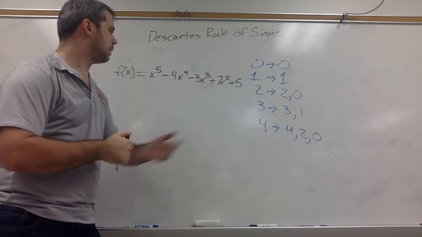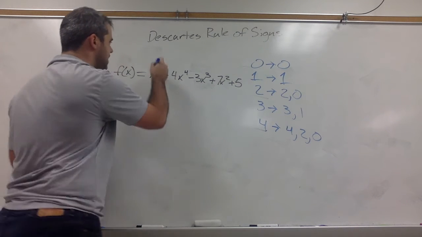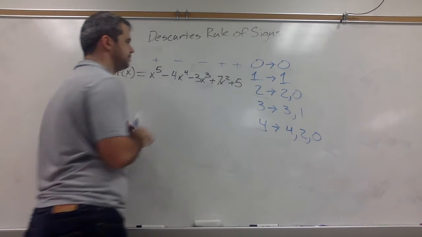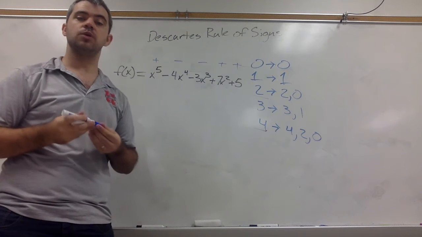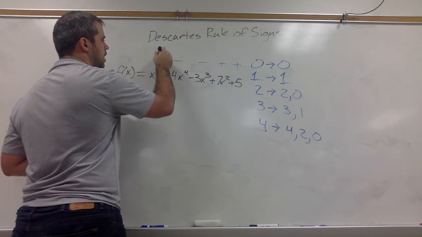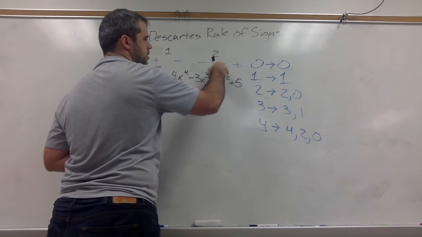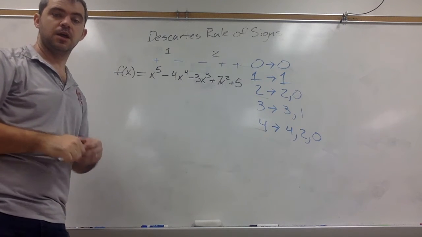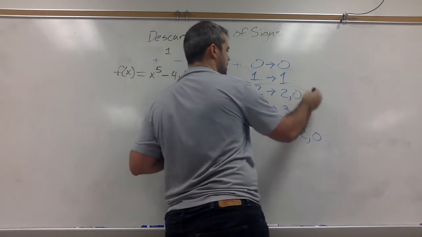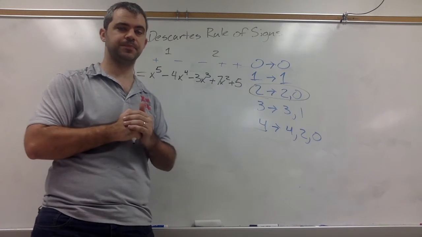You'll notice I don't have the linear term there. So let's see. This guy is positive. This guy's negative, negative, positive, positive. So what we're doing is we're looking for the number of sign changes. One change here, no change. Second change here, no change. So how many positive real zeros are there going to be? Either 2, or remember, we can count down by 2, so it could also be 0.